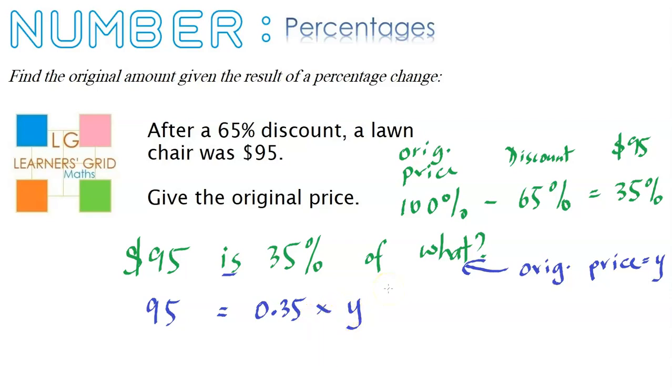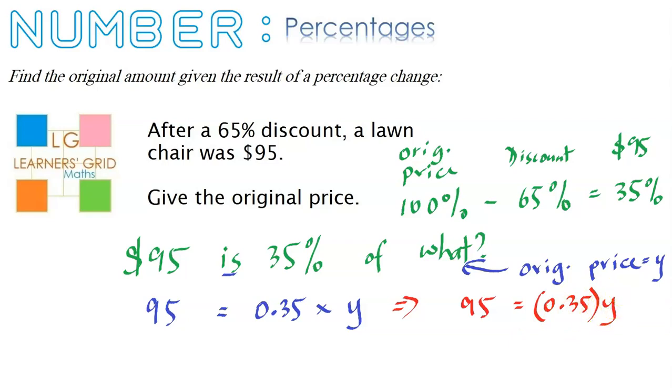And to make this even more like an algebraic equation, I would rewrite it like this. 95 equals 0.35y. And when it's brackets and then the variable, it means to multiply.